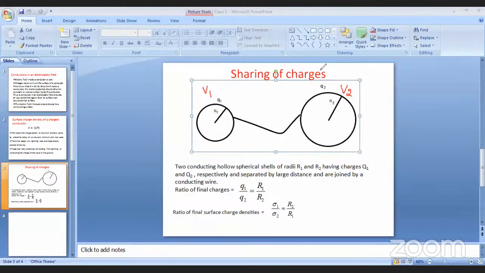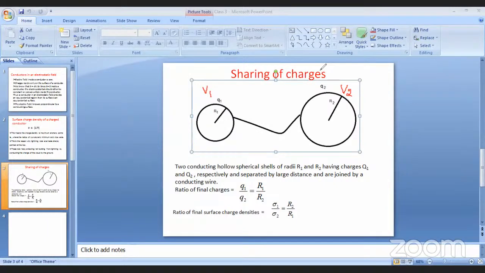You have a difference in potentials between these two spherical shells. Due to the difference in potentials, charges tend to move from the higher potential region to the lower potential region. That means it will move from the sphere having the higher potential to the other sphere having the lower potential. How long will it happen actually?